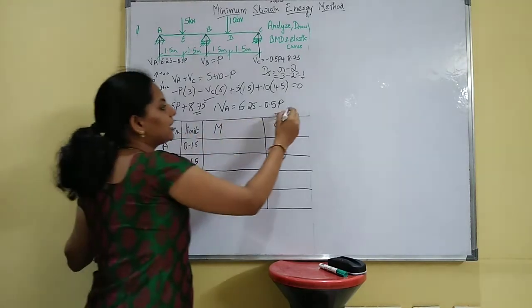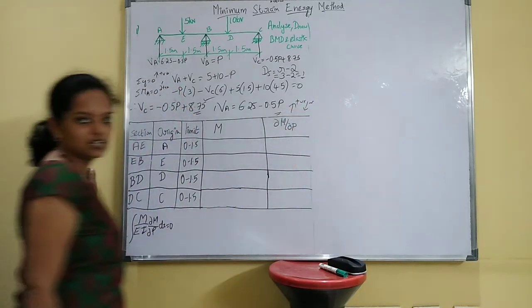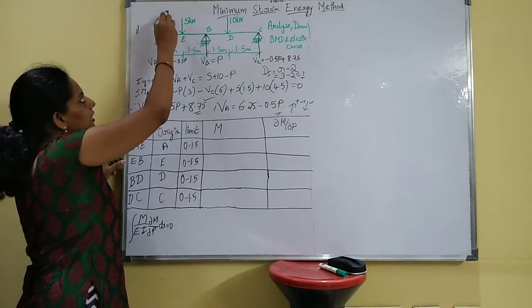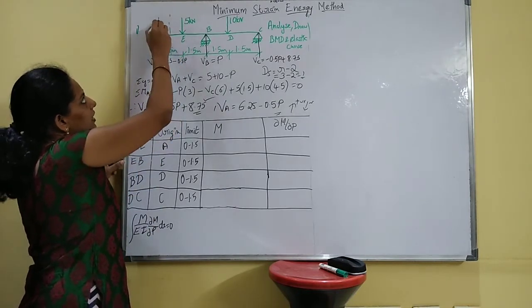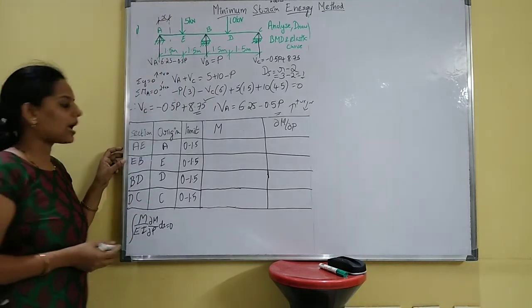Next, find the bending moment. Upward as positive, downward as negative, that is the sign convention. First member AE: consider the section at X apart.